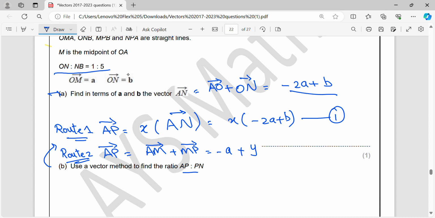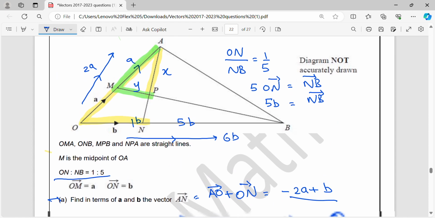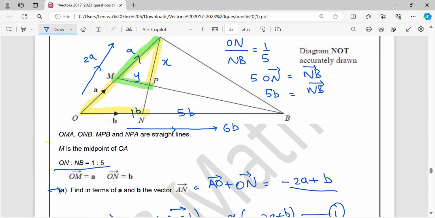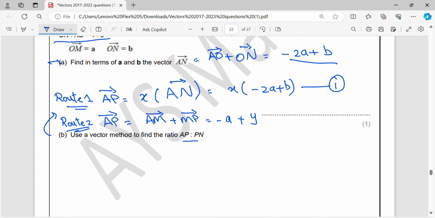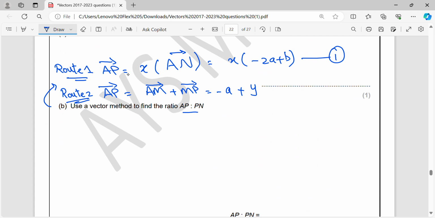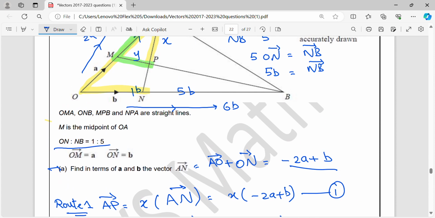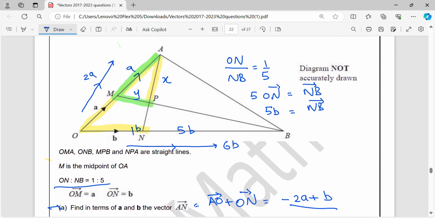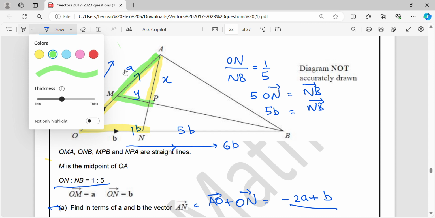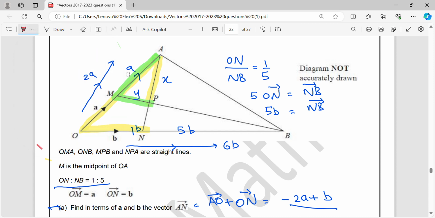MP is Y of the total length, that is MB. So what is MB? Now let's look at the route of MB.